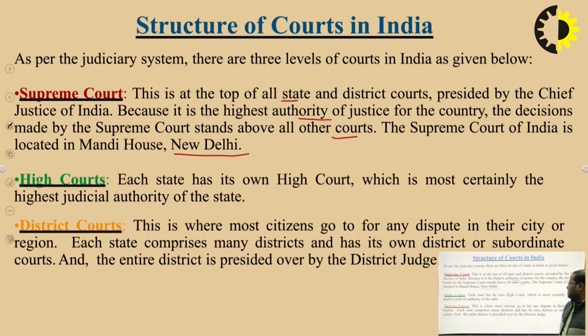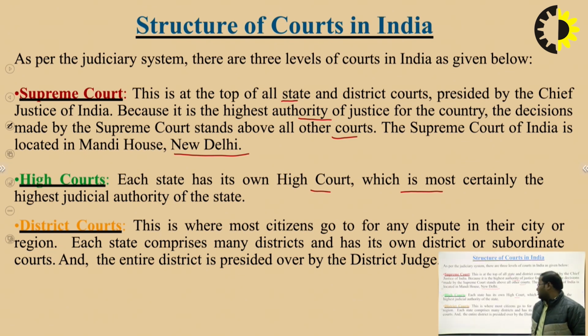High Courts: each state like Uttar Pradesh, Haryana, Bihar has its own High Court. In Uttar Pradesh, our High Court is in Allahabad, Prayagraj. In case of Bihar, it is in Patna. Each state has its own High Court, which is the highest judicial authority of the state.